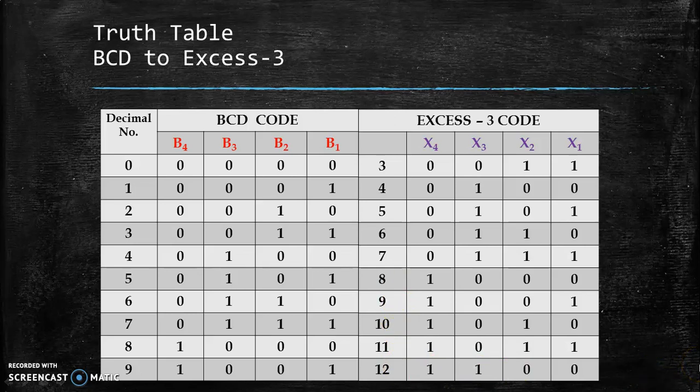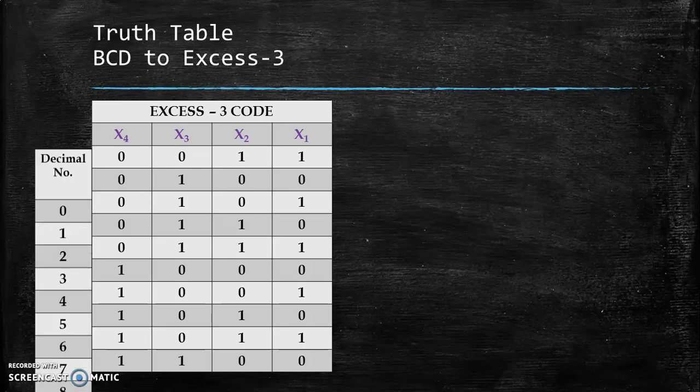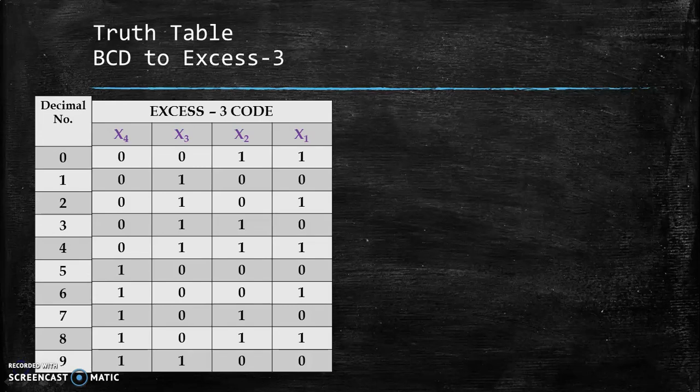So now we have to prepare a K-map based on this truth table. Again we have rewritten the truth table specifically for the XS3 code, and at the same time we have taken the original input decimal numbers for reference, because while preparing minterms we require the original decimal numbers.